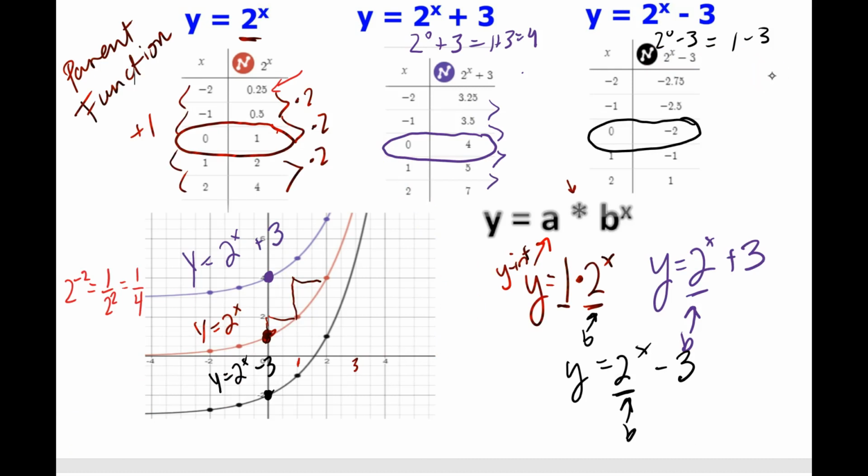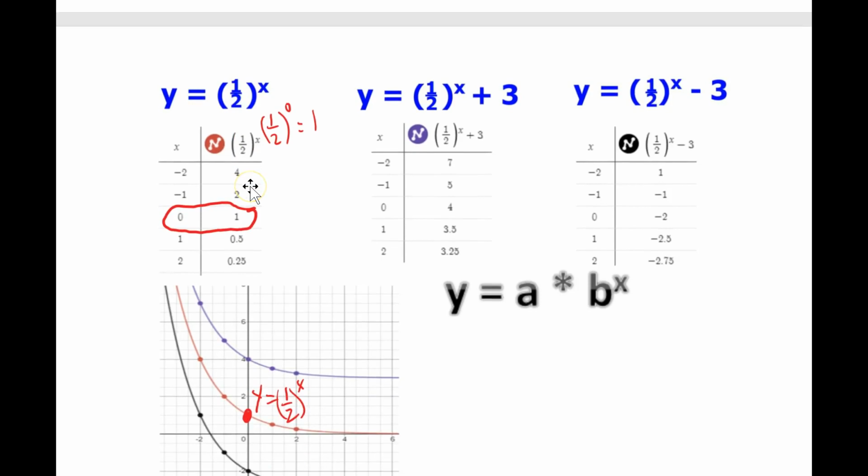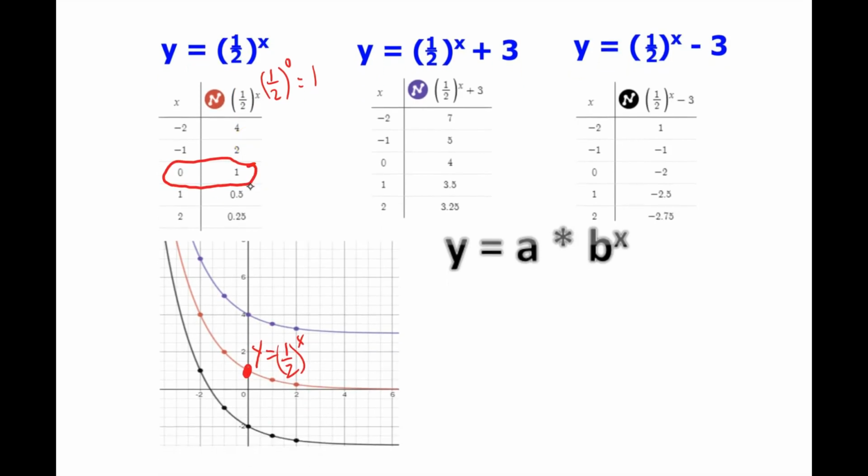All right, so that's where this 1/4 comes from, and that's 0.25. And so when we go here, when we're saying (1/2) to the negative second power, all of that in parentheses, I am saying flip the base, and the exponent becomes positive.